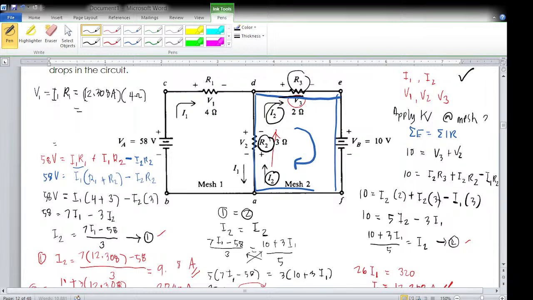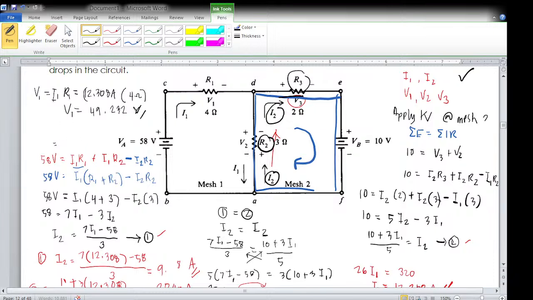How much? 49.23. What's the unit? Volts. Okay, this is already the answer for V sub 1.